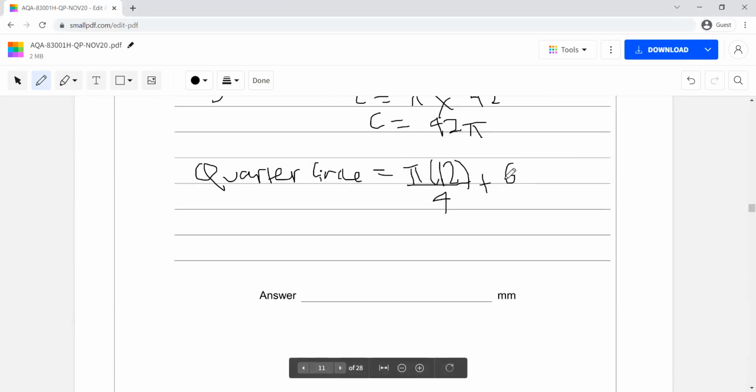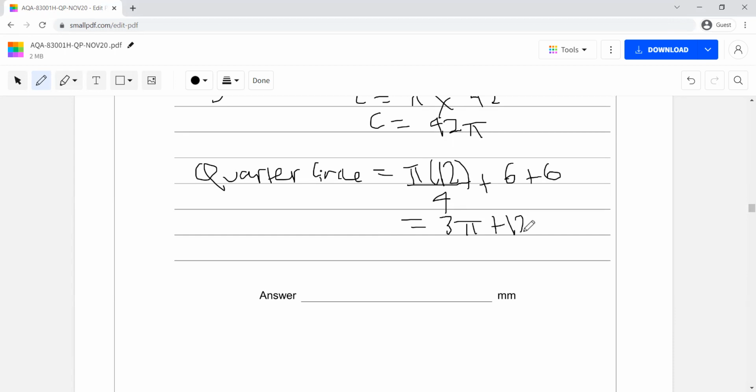So plus 6 plus 6, which is equal to, well, 12 times pi is 12 pi, 12 pi over 4 is 3 pi, and 6 plus 6 is 12. So for the quarter circle, it's 3 pi plus 12. So we add them together. So we'll have 42 pi plus 3 pi plus 12, which is equal to 45 pi plus 12 millimeters.